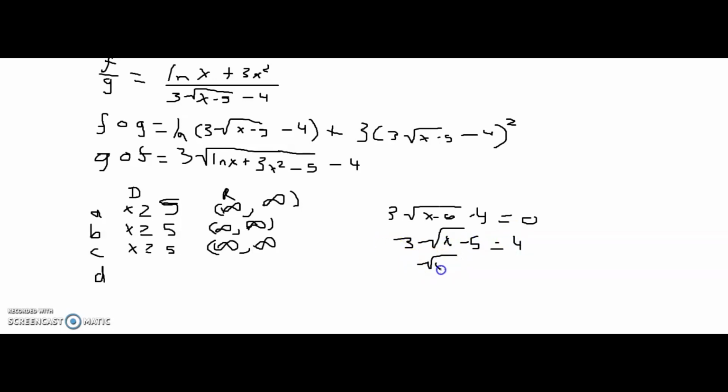Divided by 3, square root of x minus 5 is equal to 4/3. If I square both sides, I get x minus 5 is equal to 16 over 9. If I add 5 to both sides, with a common denominator, I need to get 45, so I get 16 plus 5 times 9 over 9.